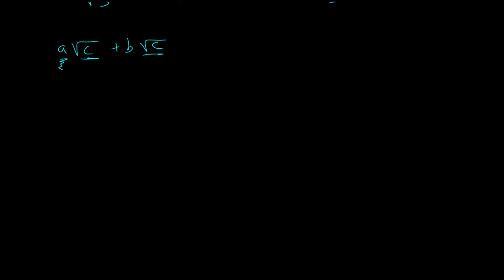But if these are the same thing, then altogether, that's the total of them I have. And the same thing works for subtraction. If I have a of them and I take away b of them, that's how many I have.